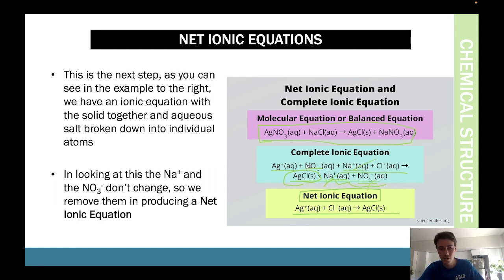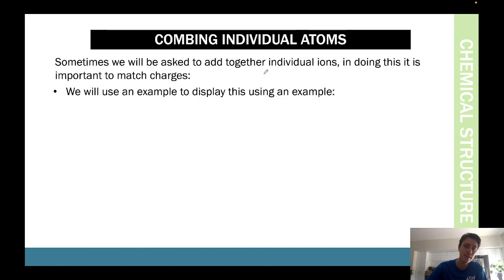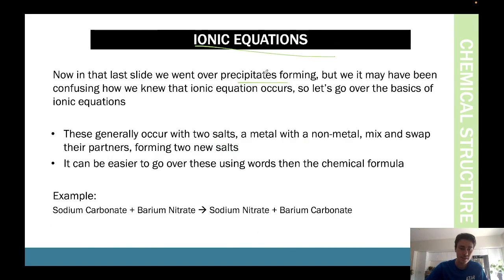So you're only left with these, because this Ag plus has changed. It's now in a solid. This Cl minus has changed. It's now an AgCl. So this is a net ionic equation, and it's quite important to understand that that is what an ionic equation is asking you to do.